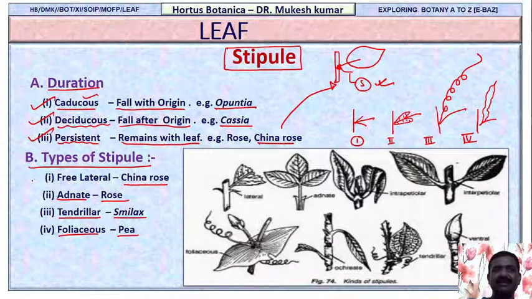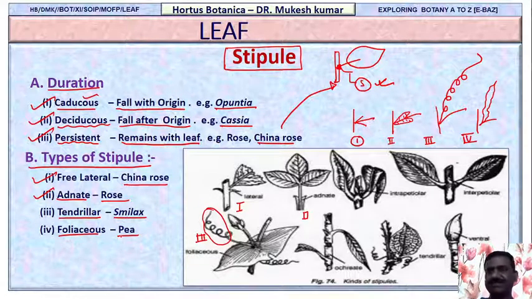So how many types of stipule did we study? Very simple. Yes, free lateral, first case, as I told you here. Second, we have adnate, in the case of the rose. See, this is the second case, adnate, rose. This is your free lateral, as I told you, right? Then this is the tendril one. See the third one here, this is the tendril structure. Now the fourth one is the leaf-like structure.